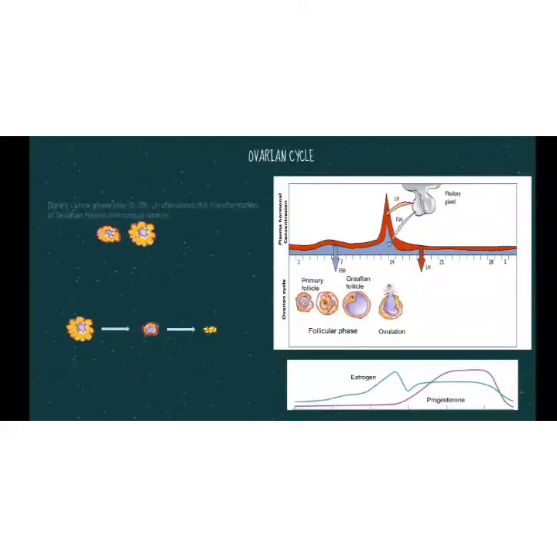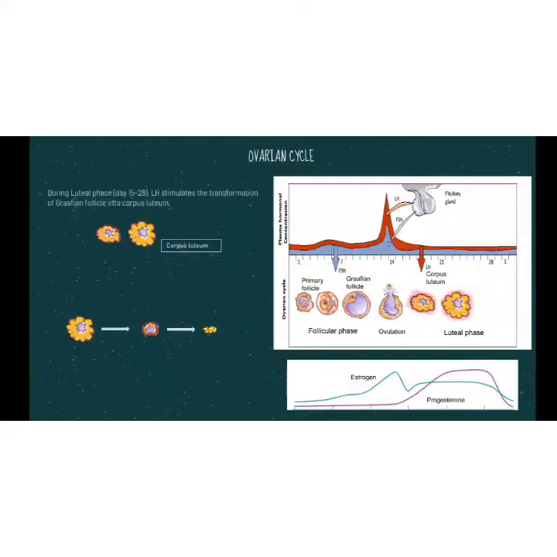Okay, then the luteal phase occurs on days 15 to 28. LH stimulates the transformation of the Graafian follicle into the corpus luteum. Under the continuing influence of LH, the corpus luteum secretes progesterone and estrogen.